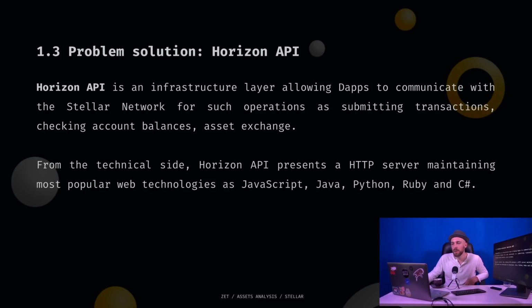I just want to say that the distributed Stellar network is made up of servers running the Stellar Core software. Let me check the presentation. We have the Stellar network, we have Horizon. There is also such a notion as Stellar Core. Stellar Core is software that runs on nodes of the Stellar network.